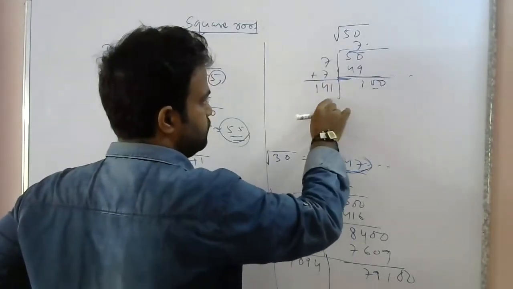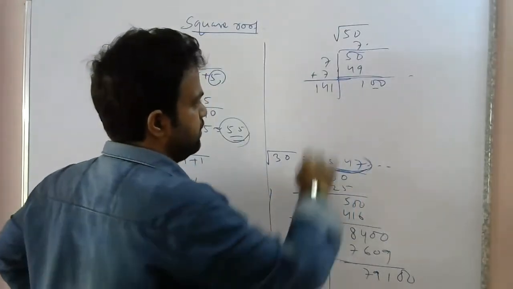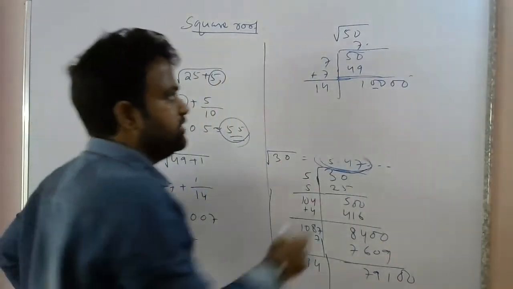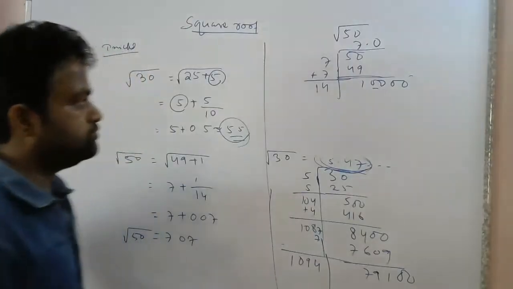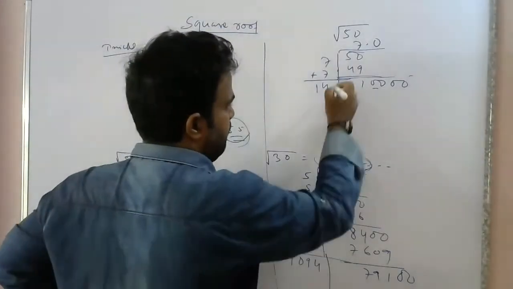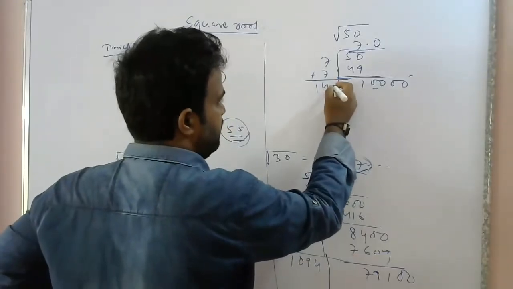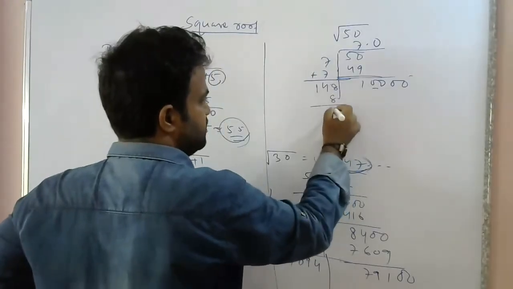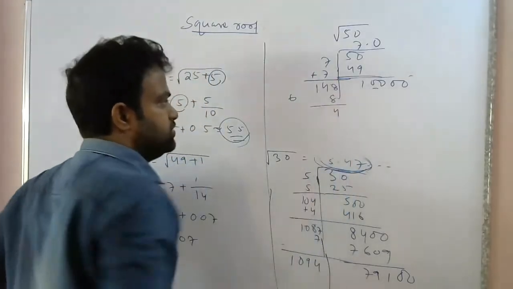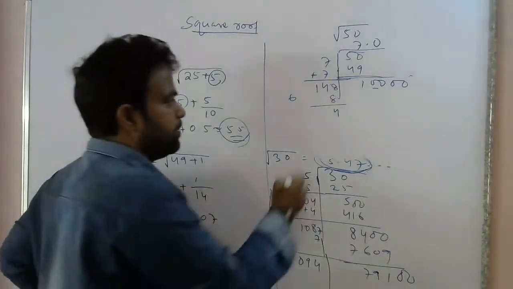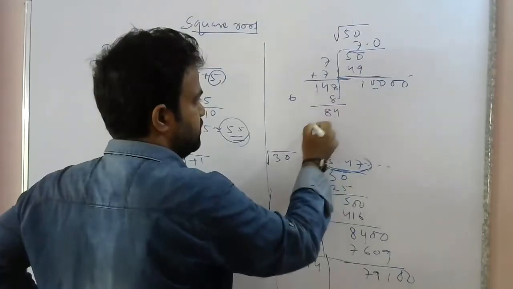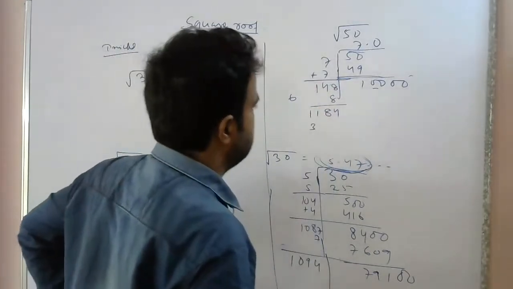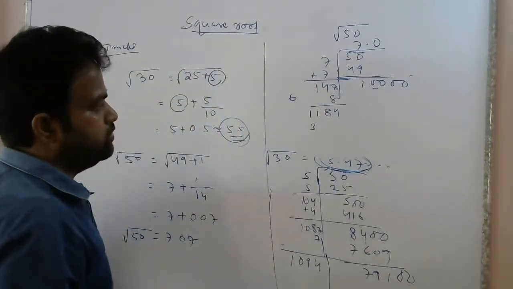If we put 1 also, it is more than 100. So what you will do, you have to bring 2 more 0s. For that, you have to put a 0 here. Then what you can do, 140, let's say 8 into 8. 8 8s are 64, 8 4s are 32, 30, 8 1s are 8, 11. So it's quite small.